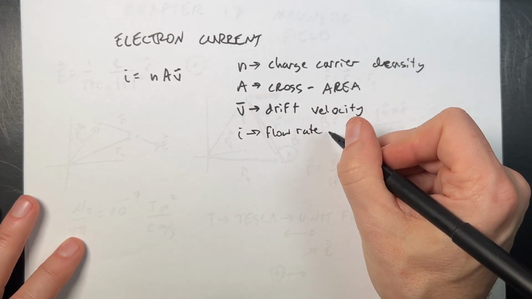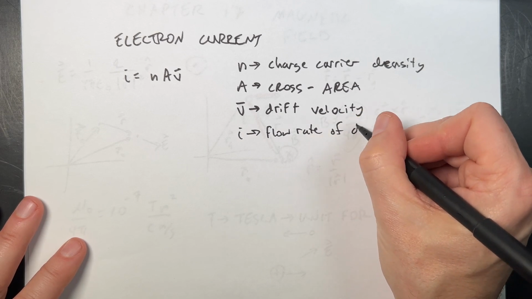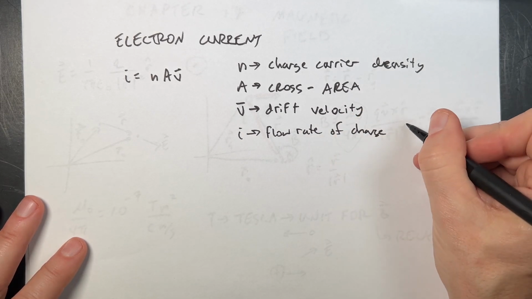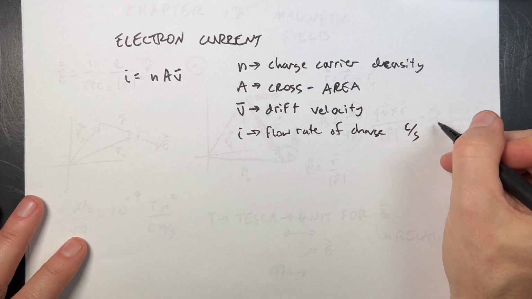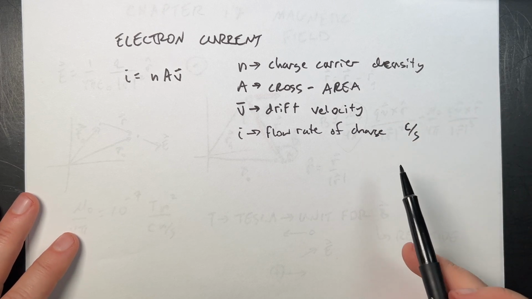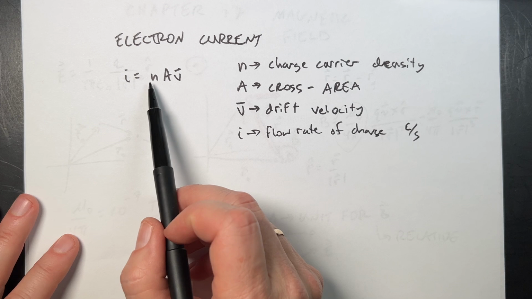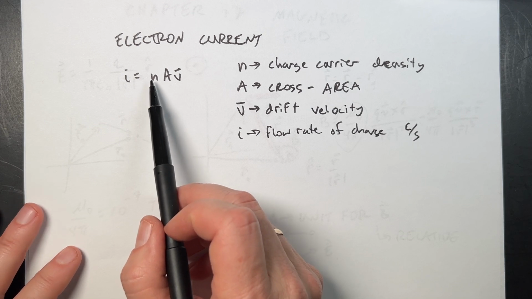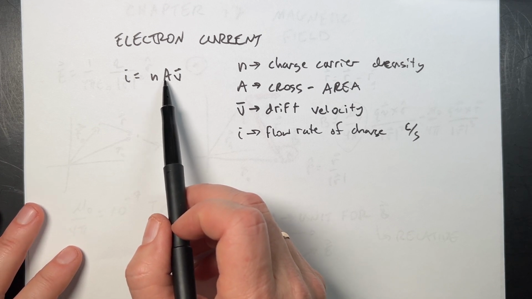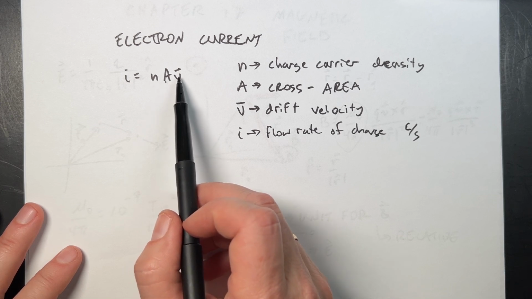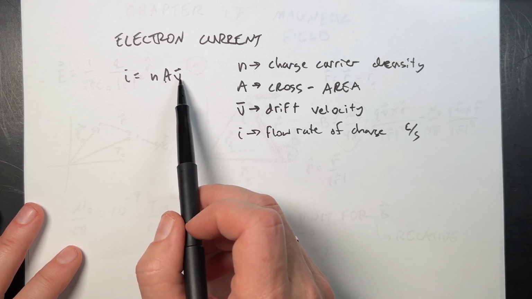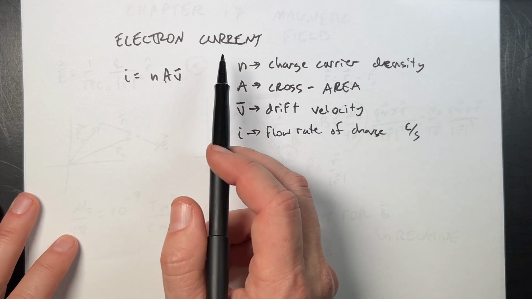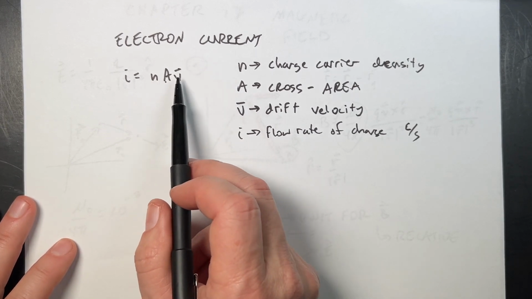It's not really a flow rate, but a flow rate of charges. It's the charge per second that flows past a point. And just check, right? n is just a number per volume. And that's an area, so that's a meter squared, and then I have meters per second. So I get 1 over a second. So it's charges per second.